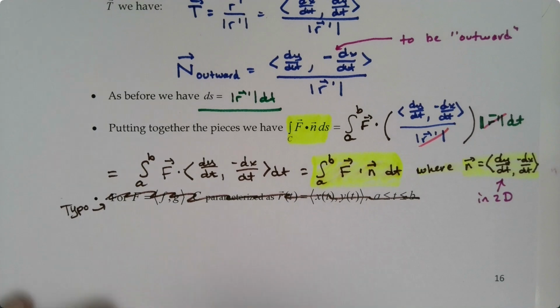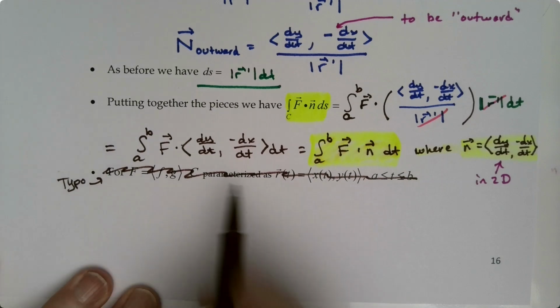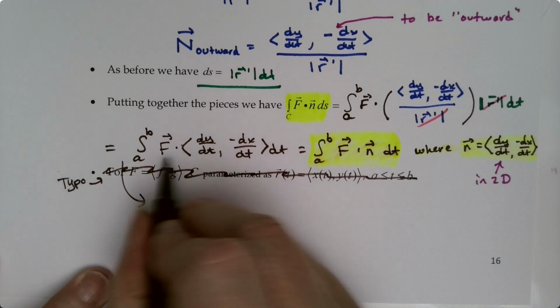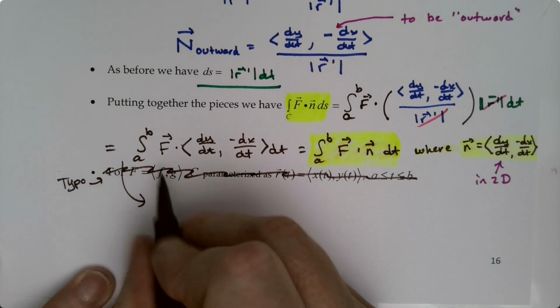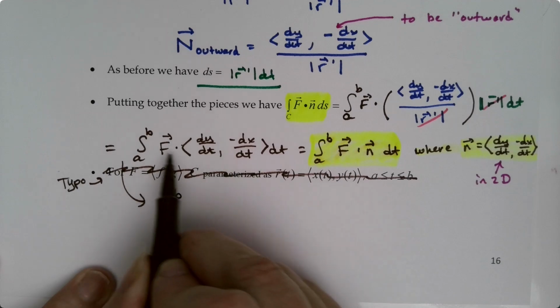Oh, I should also mention real quick before we go, that there's an alternative form. If I take this same integral from a to b, the dt's could cancel.